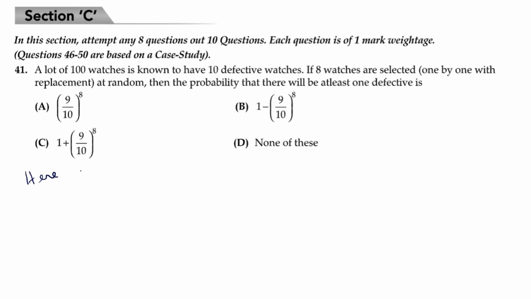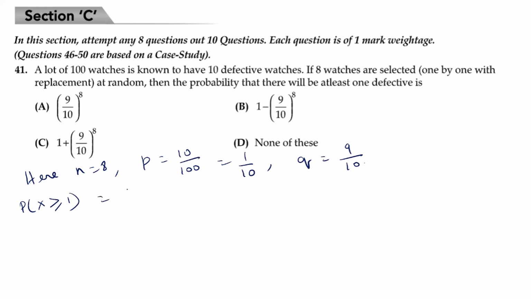So here n equal to 8, p equal to 10 by 100, so it is 1 by 10, and q will be equal to 9 by 10. Now the probability that there will be at least one defective: probability of x greater than or equal to 1 is equal to 1 minus probability of x less than 1, or 1 minus probability of x equal to 0.